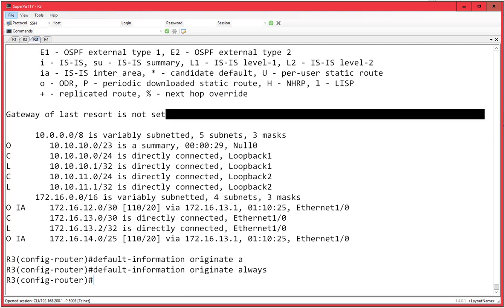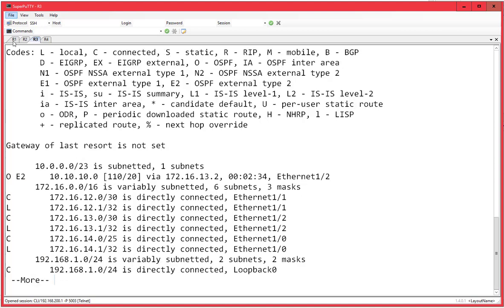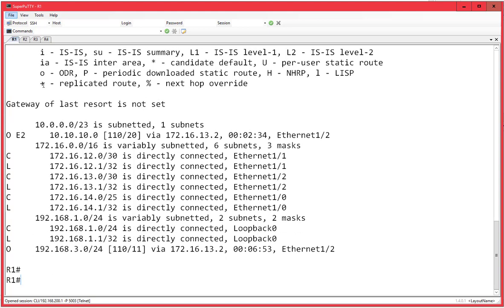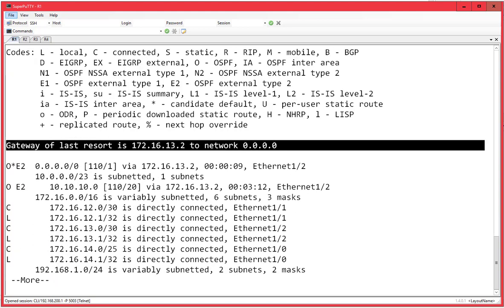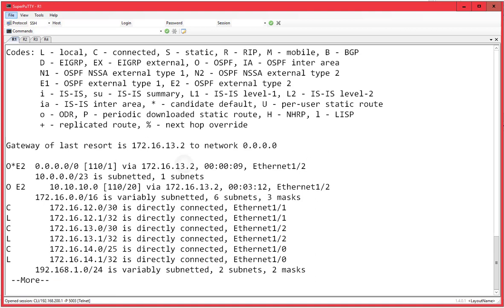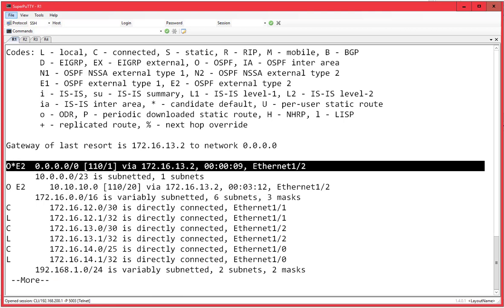You add the option always that instructs the router to always inject the default route, even if it doesn't have its own default route. So now if I go back to router 1, I can see that the gateway of last resort is set to go through router 3. And you'll see that that route is being injected into OSPF as an OE2 route. We don't know what the 2 represents yet, but we know that OE represents an external route, which is a type 5 route.